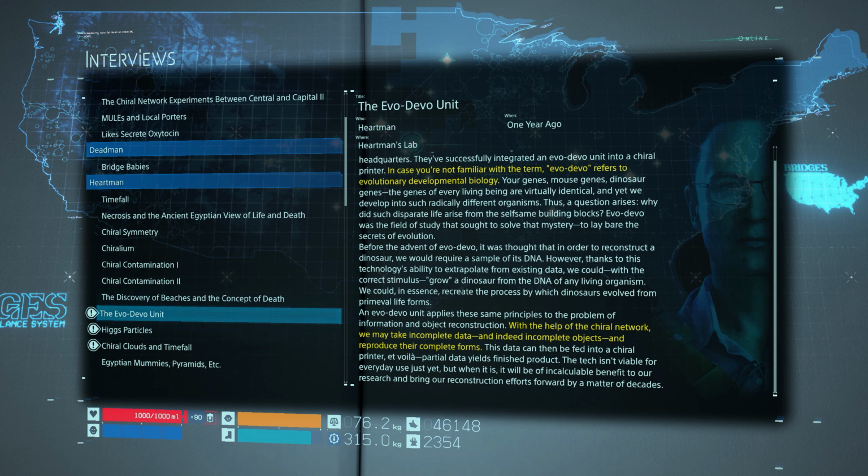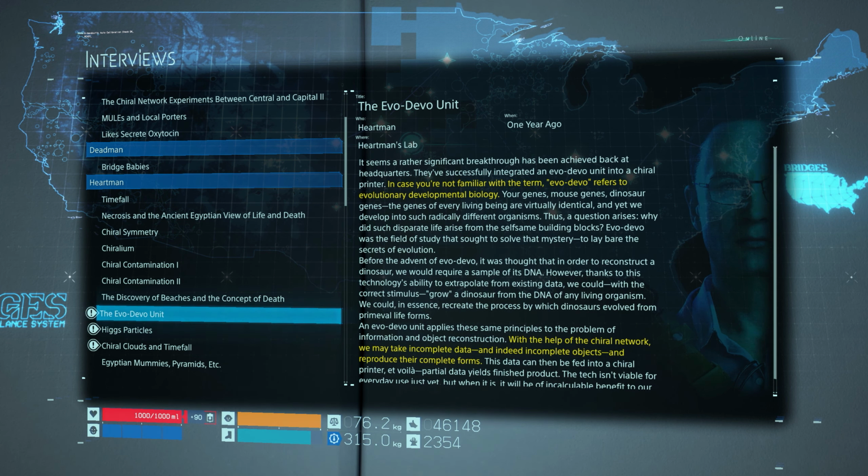With the help of the chiral network, we may take incomplete data, and indeed incomplete objects, and reproduce their complete forms. This data can be fed into a chiral printer, and voila! Partial data yields finished product. The tech isn't viable for everyday use just yet, but when it is, it will be of incalculable benefit to our research, and bring our reconstruction efforts forwards by a matter of decades.